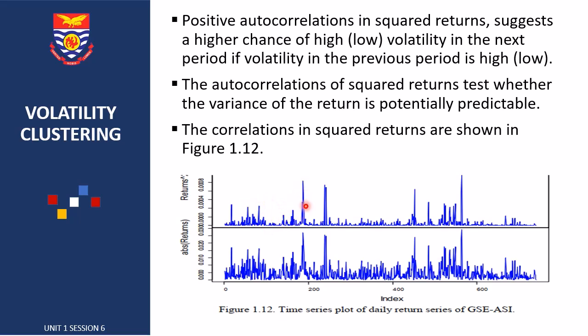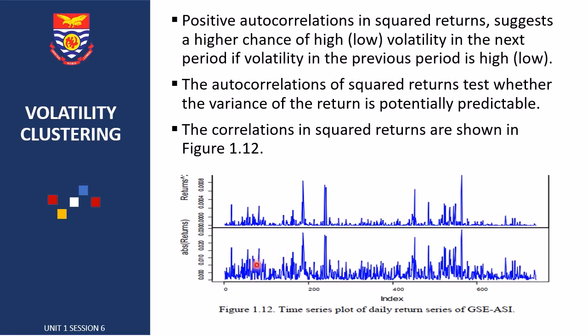There was an absence of volatility clustering, given that there is some form of elimination, compared to the lower panel, which considers the absolute returns. The upper panel, which is the squared returns, performs better in terms of autocorrelation.